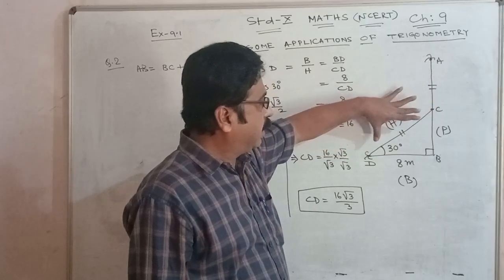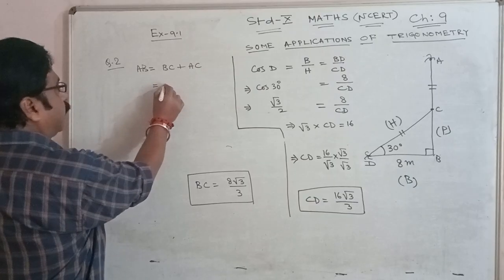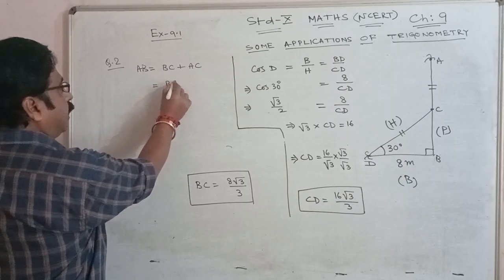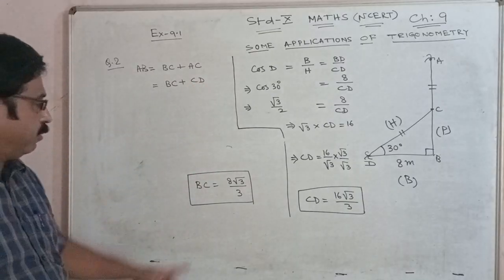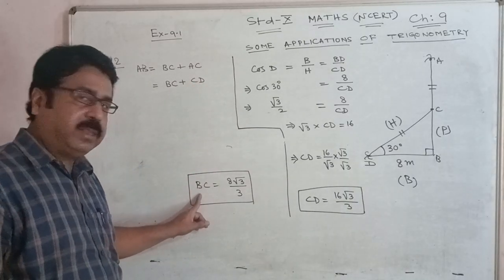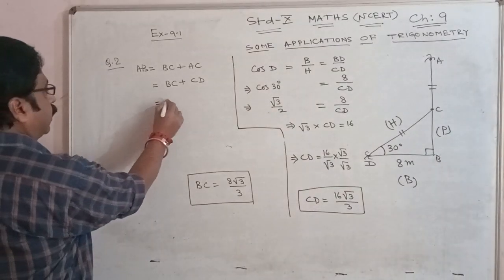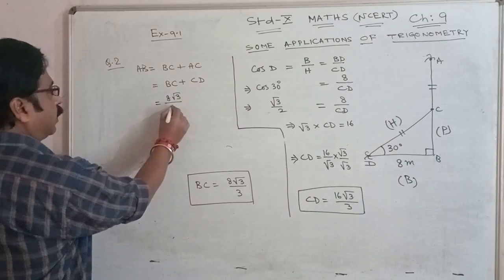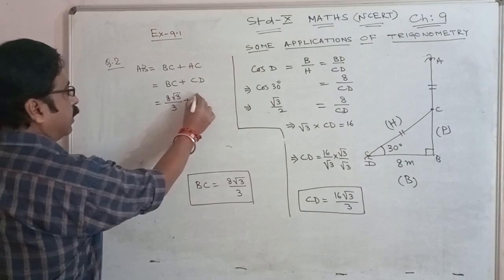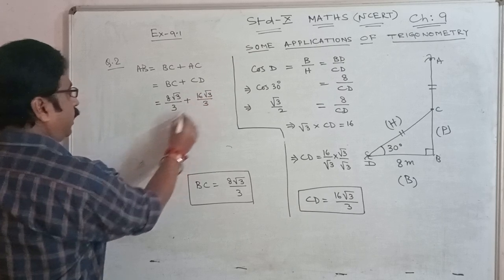Now AC and CD equal. So we can write BC plus CD. Now we know the value of BC and CD. BC is 8 root 3 upon 3 and CD is 16 root 3 upon 3.